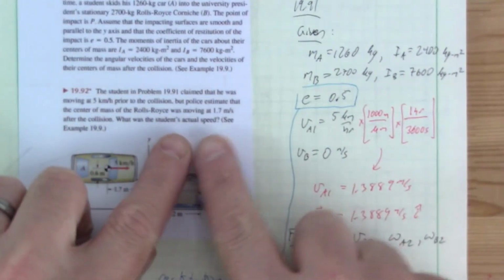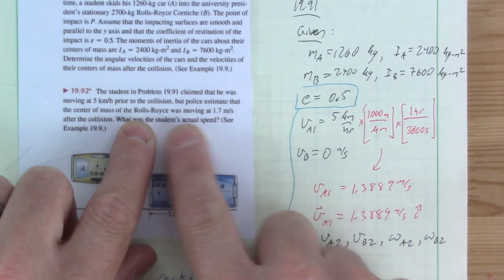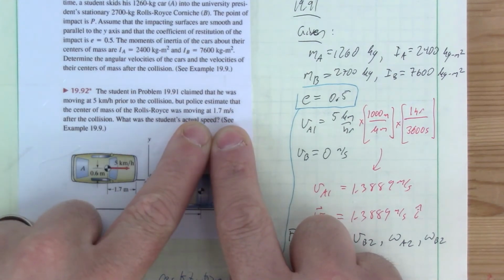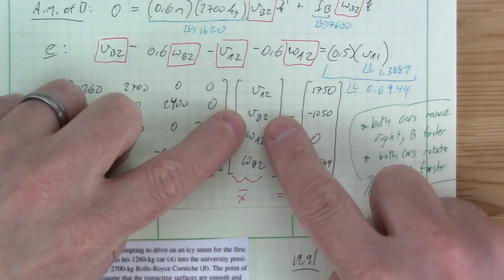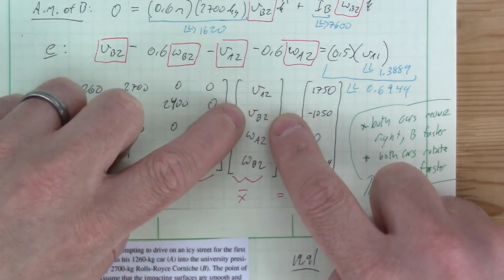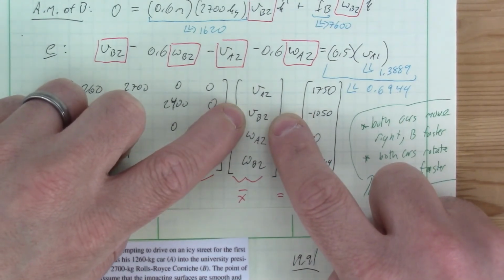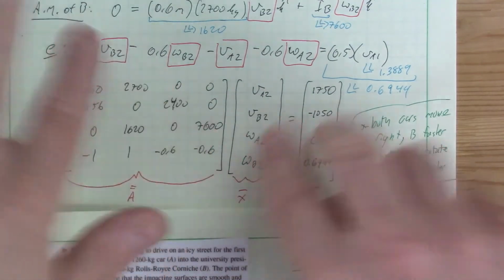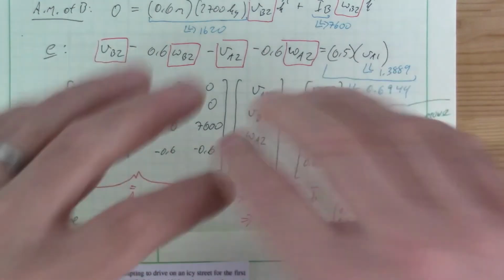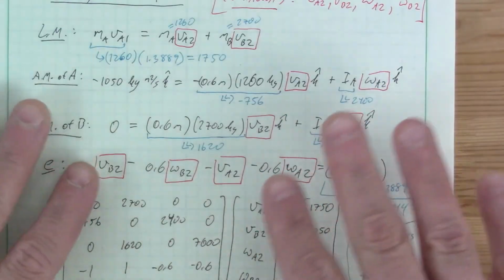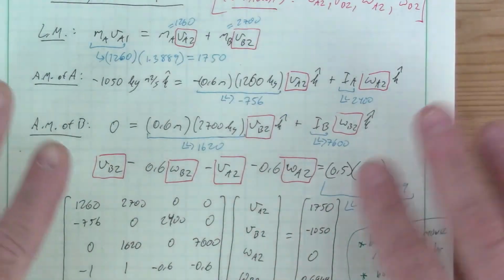We know that the B car, the Rolls-Royce here, moves at a speed of 1.7 after the collision. So instead, this becomes a known quantity, and we replace this with the unknown of what the original velocity of A1 is. So VA1 enters this, and obviously the coefficients and the whole equations would be different, but the general setup and the equations of motion would all be the same. It's just what's known and what's unknown.